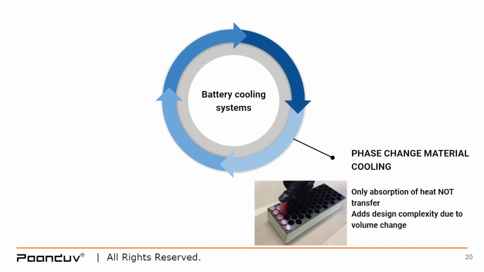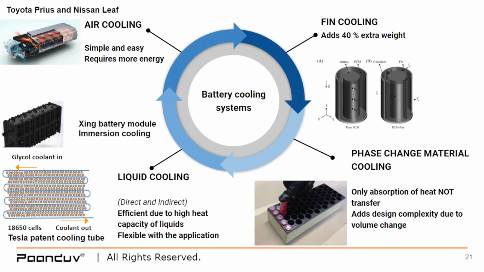The last one is phase change material based cooling, where the material actually absorbs the heat and changes its phase rather than absorbing the heat and transferring it along to the nearby molecules. This adds design complexity due to the volume change, but it is one of the methods currently in research and probably deployed by some of the manufacturers out there.